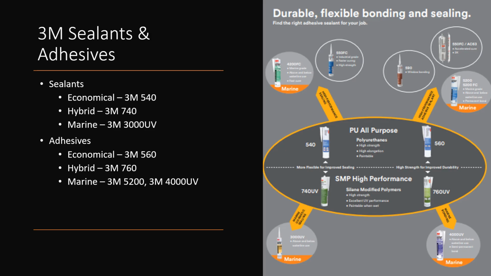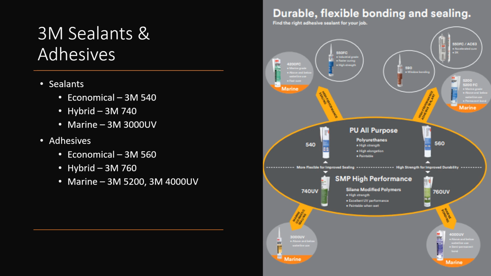3M has a line of sealants and adhesives known as Powerline. There are 2 types of products that 3M has in their sealant and adhesive line: polyurethanes and silane modified polymers, known as hybrids, called SMP. For general purpose applications, 3M has the 540 sealant, the 550 FC adhesive sealant, and the 560 adhesive sealant.